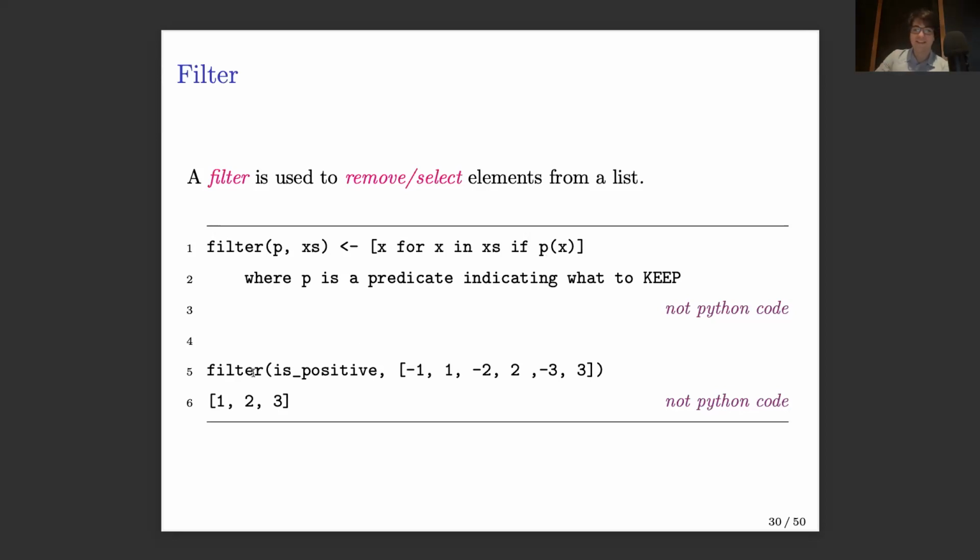So it's something like this. I can filter, and I can ask the question, is positive, right? So I'm saying filter as in keep the elements from this list that satisfy is positive. So if I run that, you're going to pull out 1, 2, and 3. Those are the positive elements of that list.